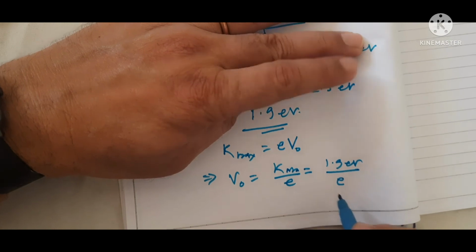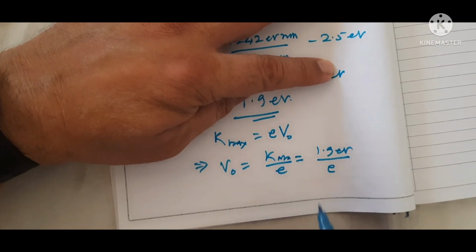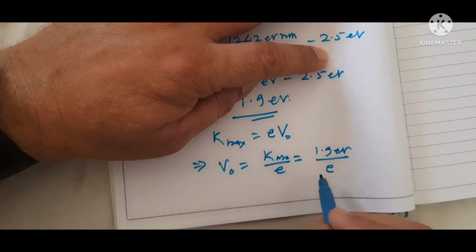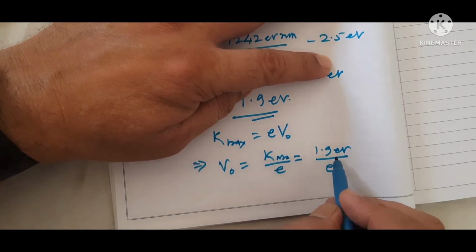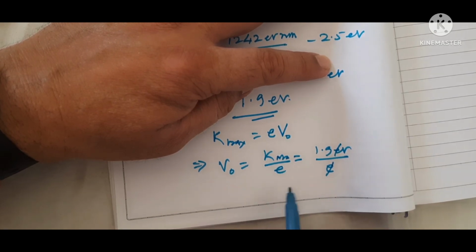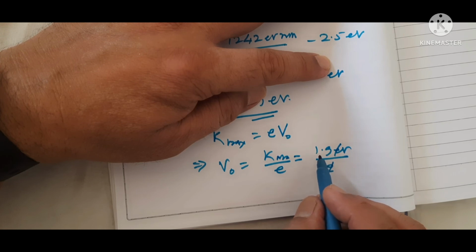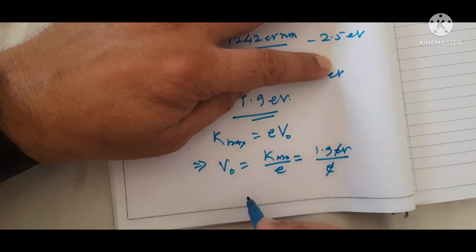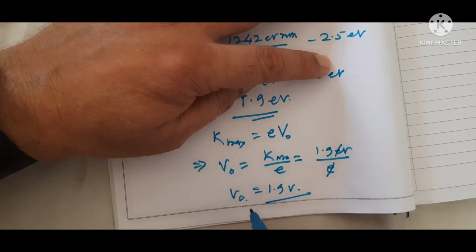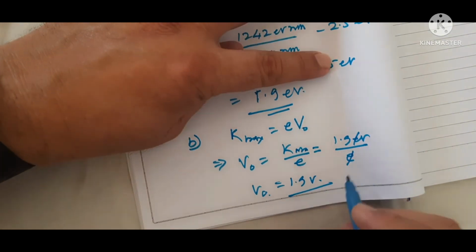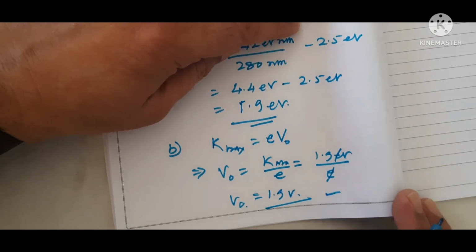One more interesting point: if K max is in terms of electron volt, you can directly cancel the e. There is no question of putting the value of e and then dividing, it is unnecessary, not required. That is 1.9 volt. That should be your answer. This is the best way to find it. Right? 1.9 electron volt.